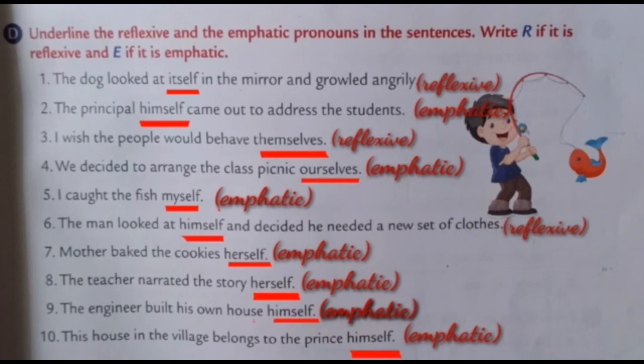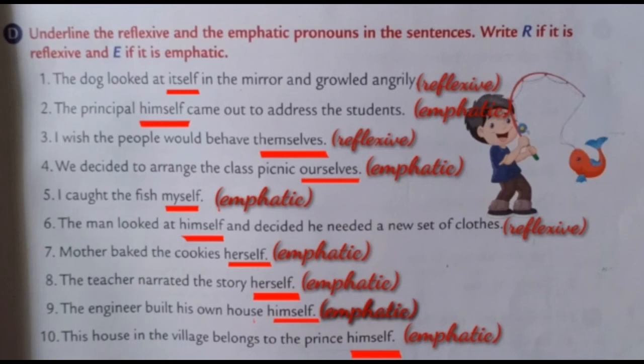The dog looked at itself in the mirror and growled angrily. Here the answer is itself. What kind is it? Reflexive. Then second one.